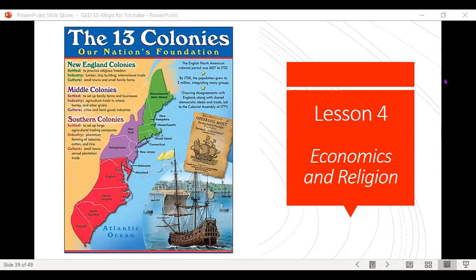That's where the biggest plant growth, or crop growth, was available. Their industry, again, was plantation farming of tobacco. That's where tobacco originally came from. Cotton and rice. And the culture was small towns that served as plantation trades. So that's how our nation first started. It was divided up into these 3 sections based on agricultural needs, economics, as we're going to talk about, and religion.